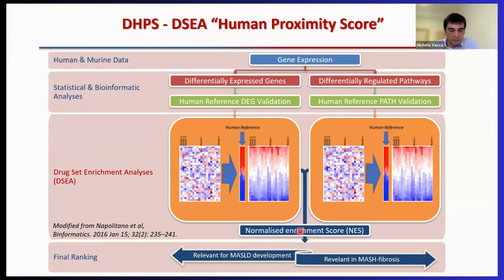The higher the NES, the higher the closeness to the reference. Again, we have engineered the pipeline to rank the models on the basis of the relevance for MASLD development or the relevance for MASH fibrosis.